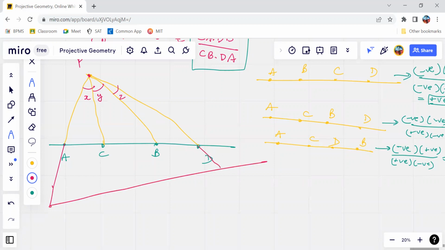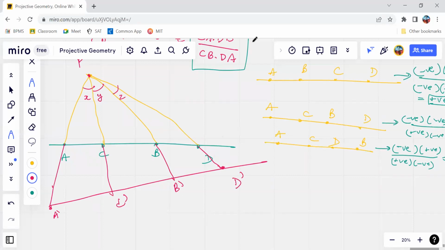Suppose you have another random line and you pick points A dash, C dash, B dash, and D dash. So the advantage is that because this cross ratio only depends on these angles, you're not changing the value of the cross ratio when you're essentially, it kind of looks like a homothety, but it's not.